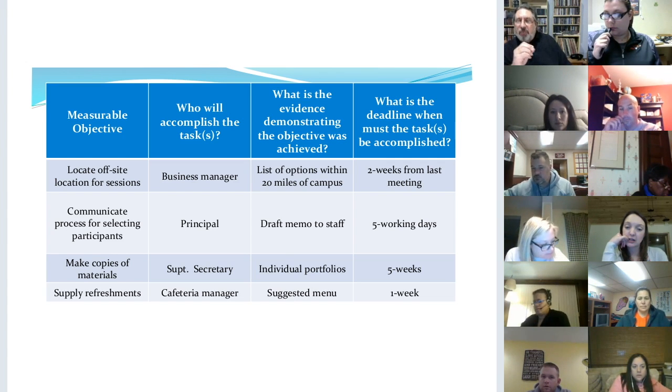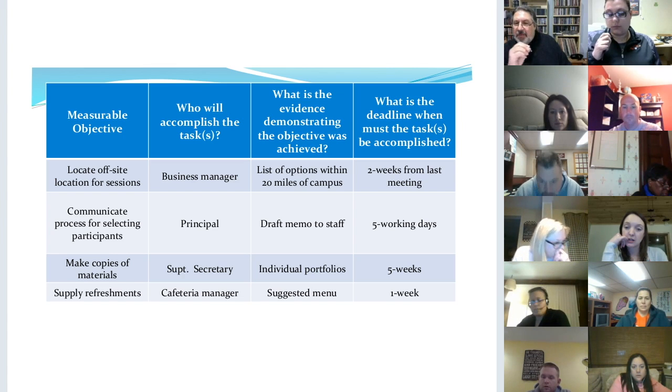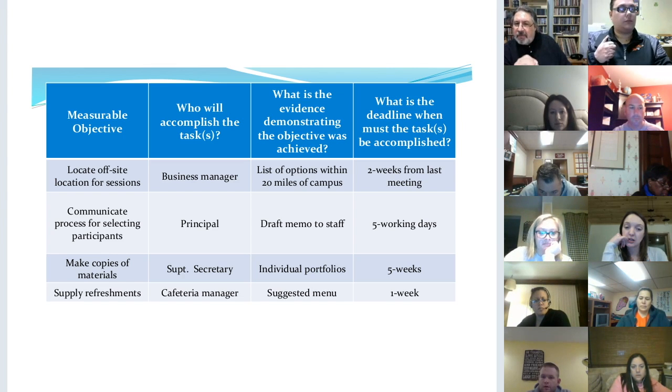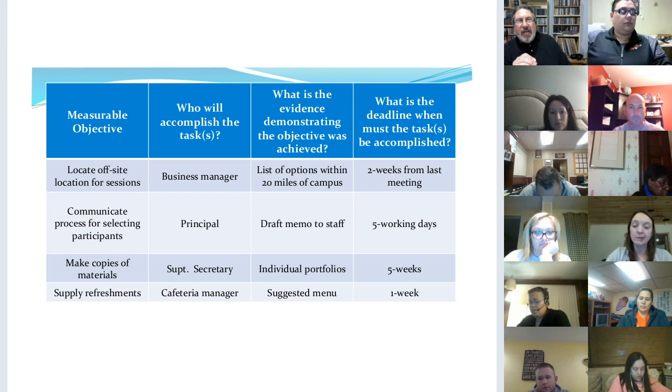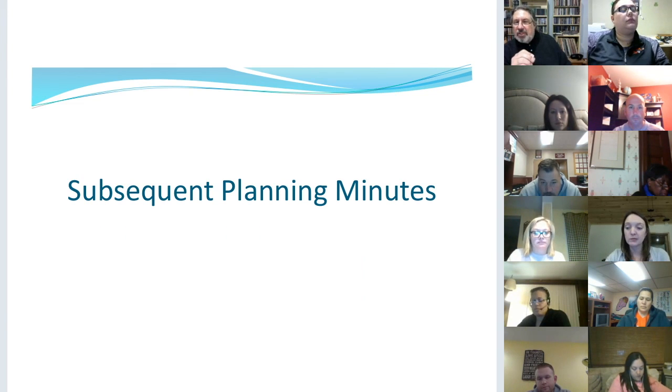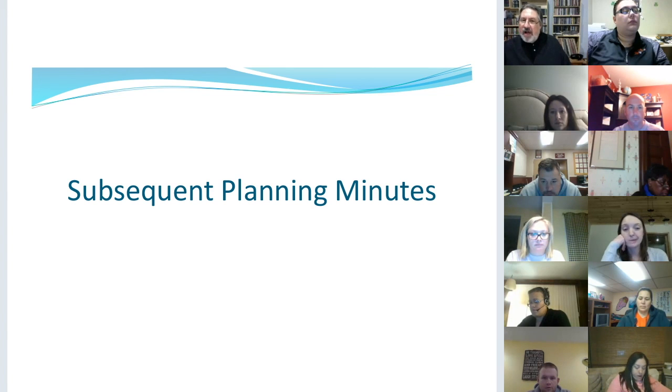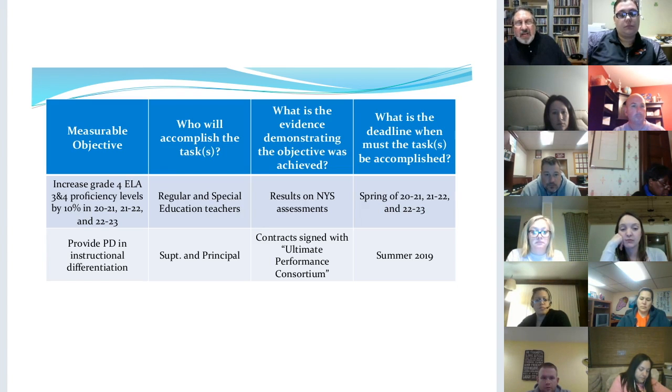Now at 6:46, I want to diverge between this pre-planning type of setting up measurable objectives to something further down the road and how it just keeps evolving. Now, your subsequent planning agenda and minutes would look like this. Now we've actually got a team together.